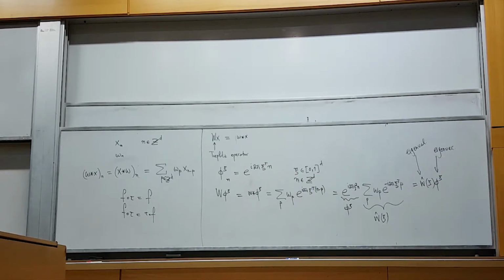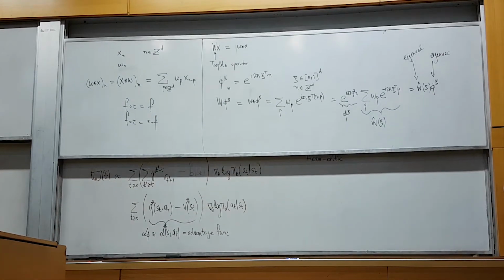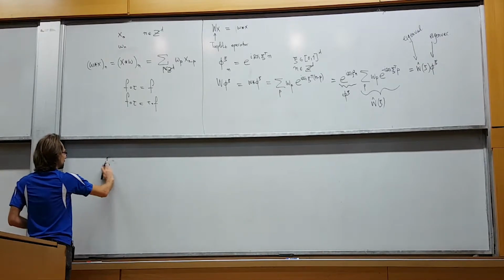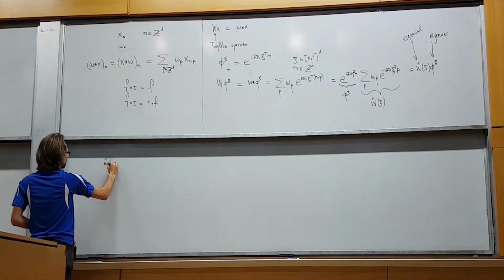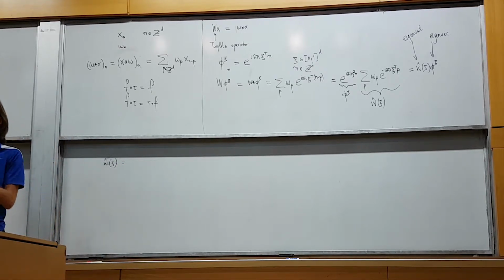Let's give this quantity a name. w hat of psi is called the frequency response of the operator w, or the Fourier transform of w.